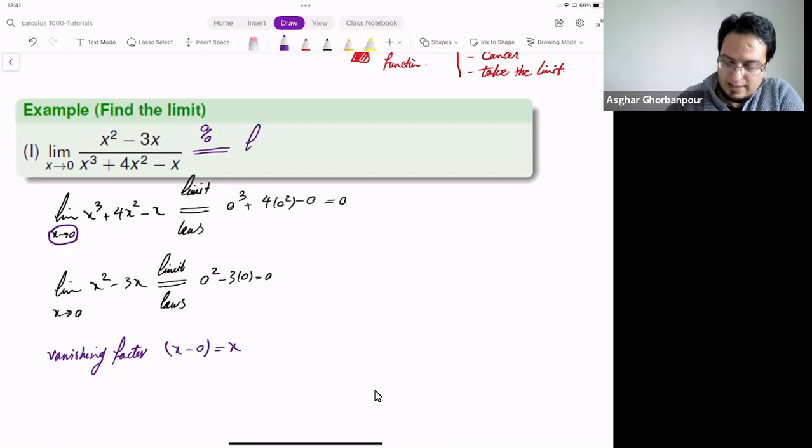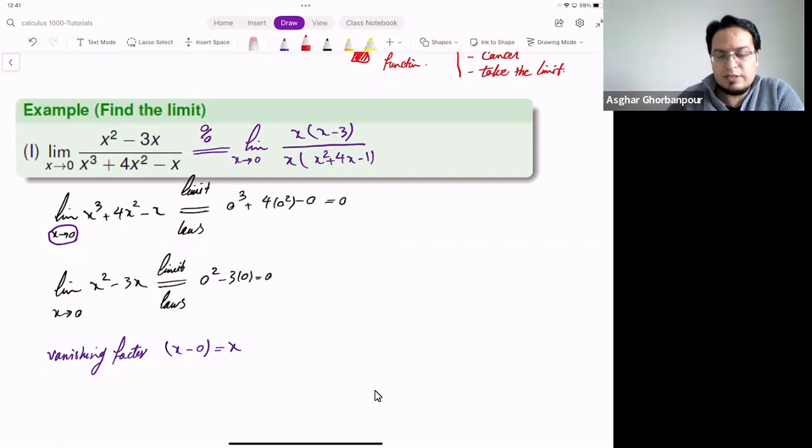Okay, let me just factor these here. So I can factor out x, and there will definitely be such a factor. Here I get x squared plus 4x minus 1 as x goes to 0. So the vanishing factors are out there and I can cancel them.